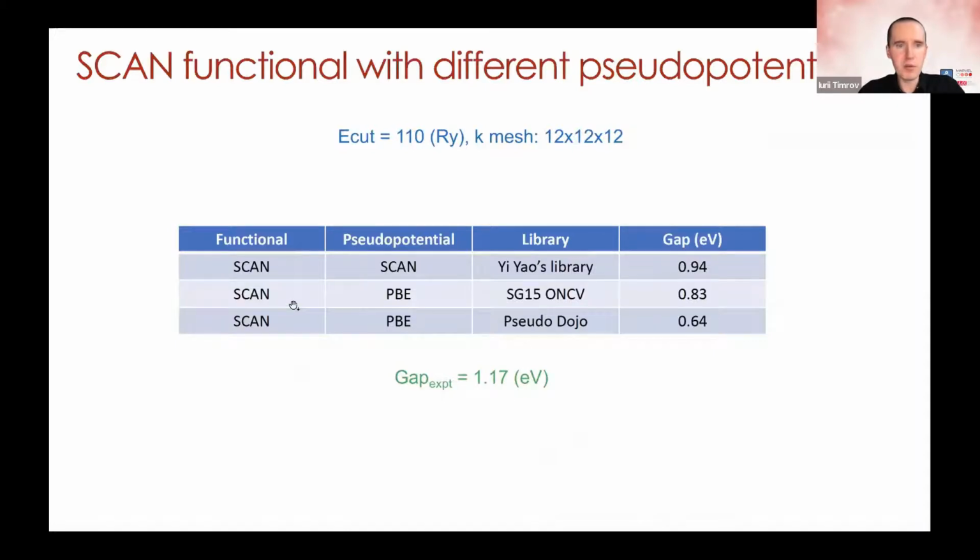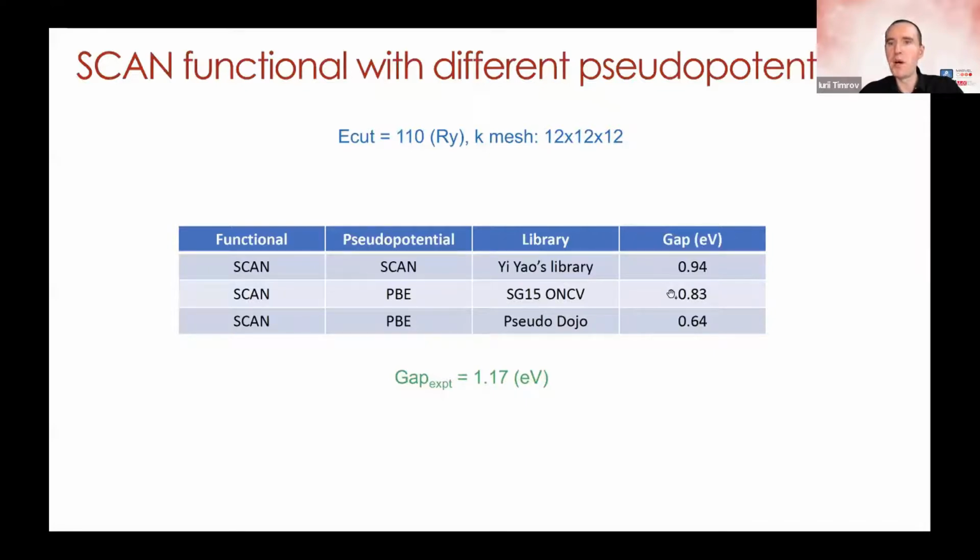But if now we use the SCAN functional but PBE pseudopotentials, we obtain results which are worse. With the pseudopotential from SG15 library, we get 0.83. And using the pseudopotential from the pseudo-dojo library, we get 0.64. So the second row is quite okay-ish.